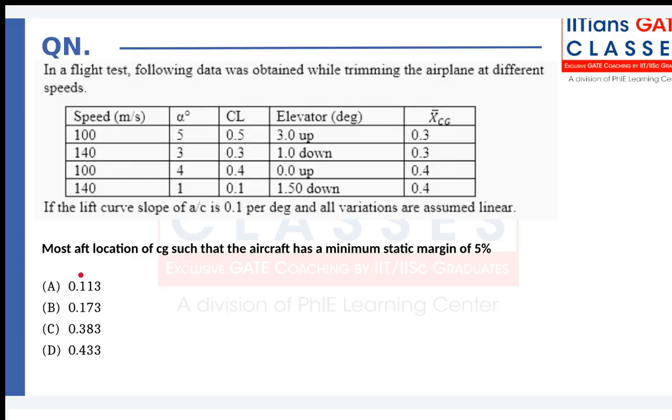Most aft location of CG such that the aircraft has a minimum static margin of 5%. This should be easy now. We found out the neutral point.